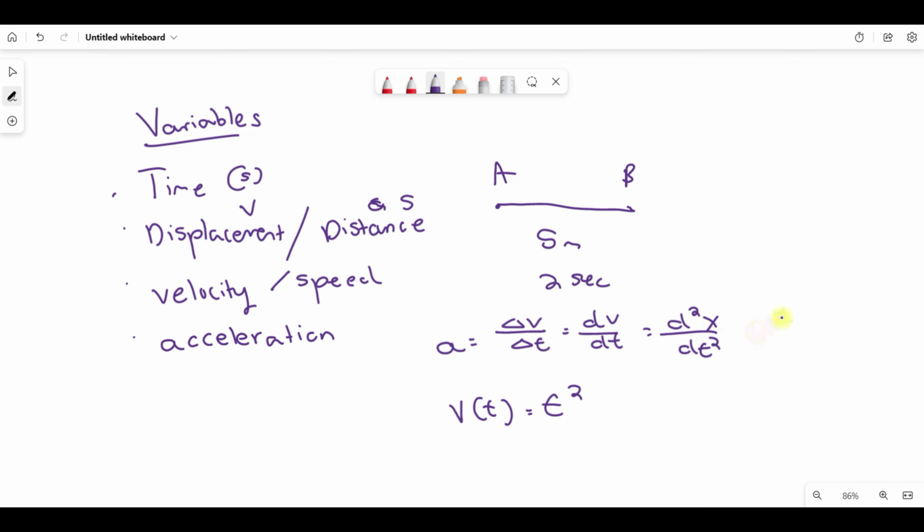So units for this would be meters per second squared, or an easier way to understand it would be meters per second per second. And let's say that your acceleration is 10 meters per second per second. This would mean that every second your velocity would be increasing by 10 meters per second in that direction.